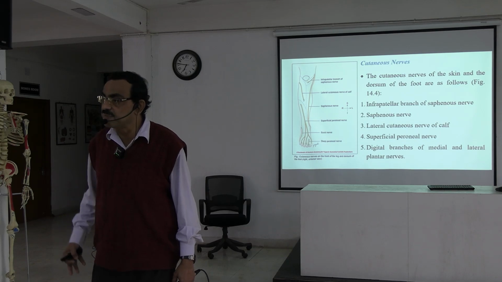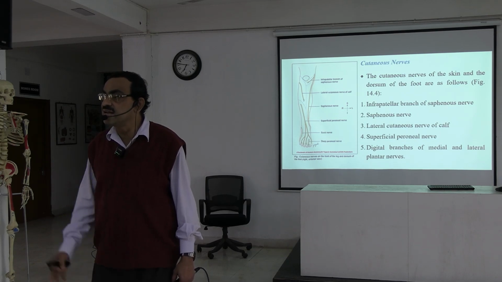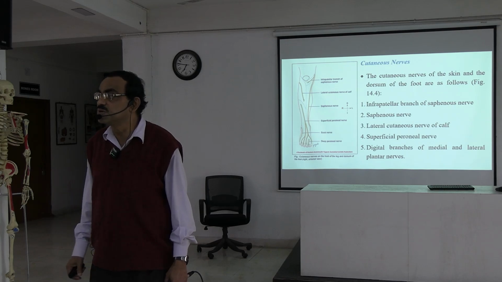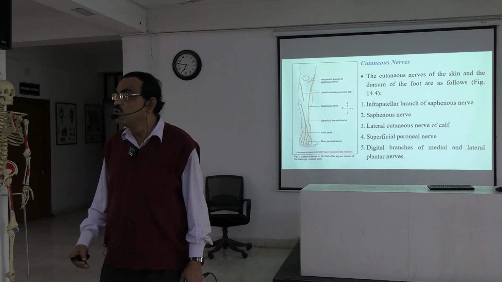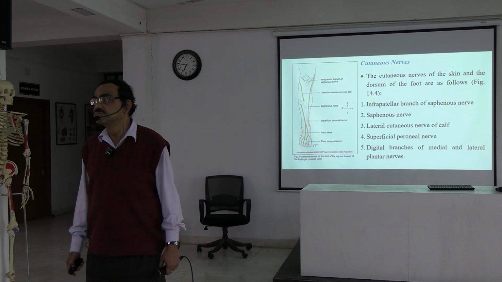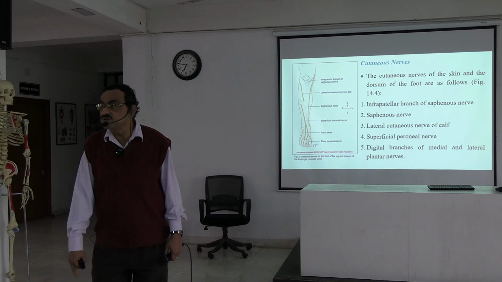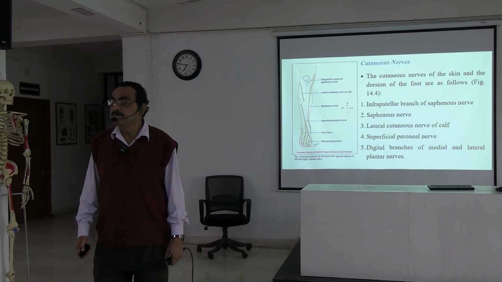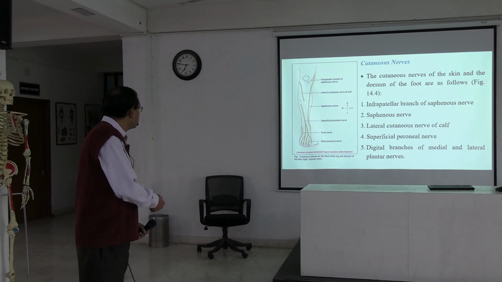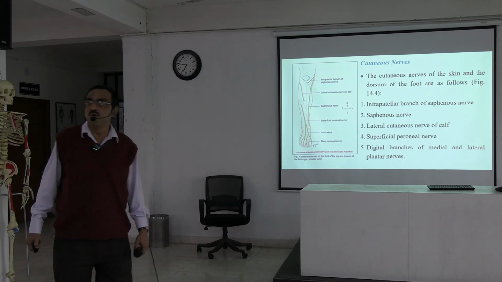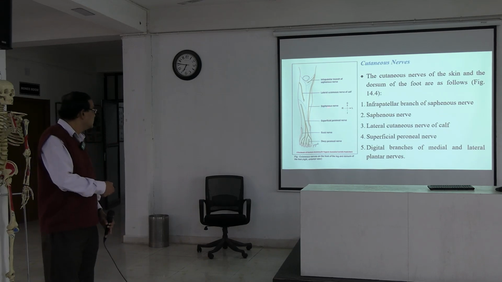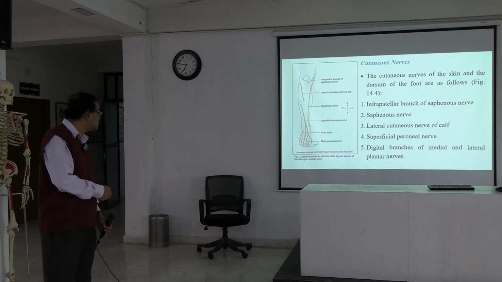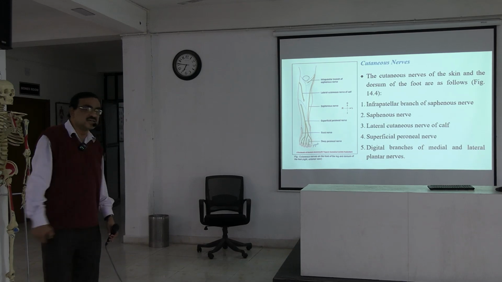First it supplies the peroneus longus and brevis, then it pierces the deep fascia and becomes cutaneous, and it supplies the lower 1/3 of the leg and major part of the dorsum of the foot. We can find this superficial peroneal nerve divides into medial and lateral components, which ultimately supply the adjacent sides of the digits.